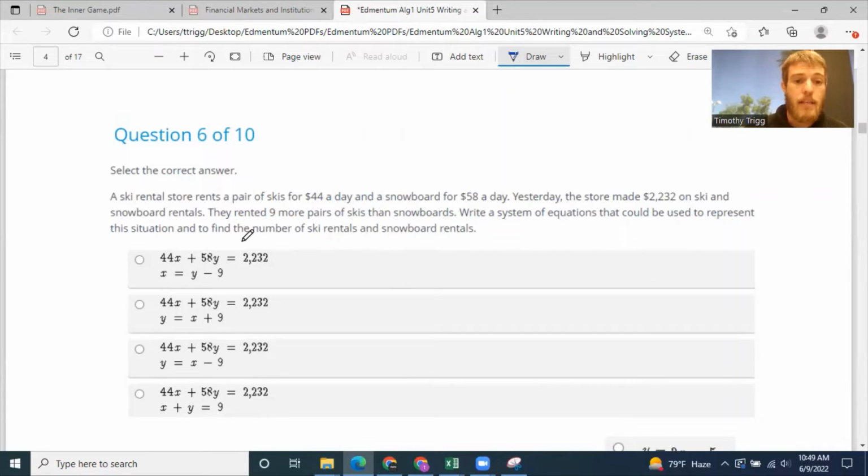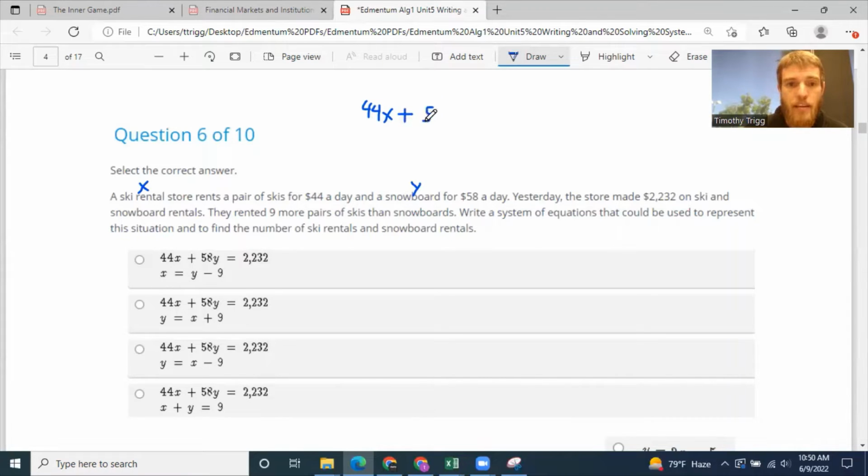The number of ski rentals, that's going to be our x. So ski rentals, that's going to be x. Can you guess what y is going to be? Well, that's the snowboard rentals. Okay, so notice that each pair of skis that they rent out is $44. So they get $44 times the number of ski rentals, plus, what do you think I'm going to write here?